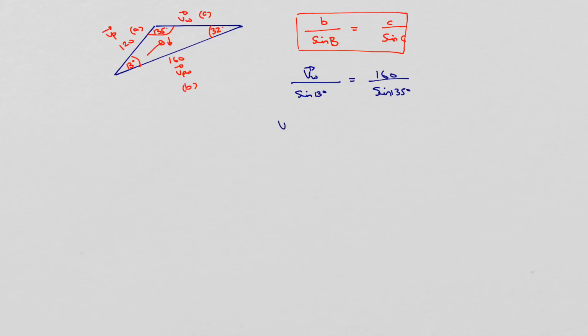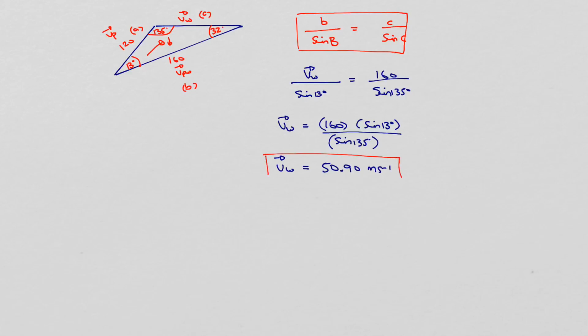Of course, to get that on its own, I cross multiply. So I have 160 times sine 13 over sine 135, and corrected to 2 decimal places, that gives me 50.90 meters per second. And speed is what we were looking for, so in other words, it's just the magnitude.